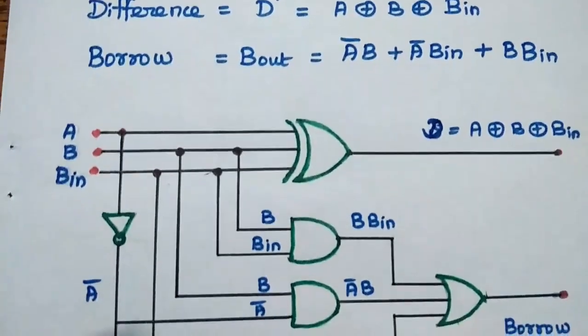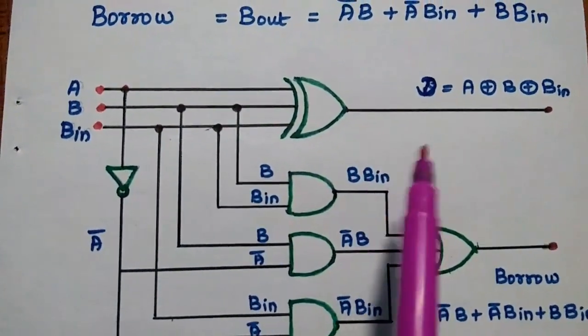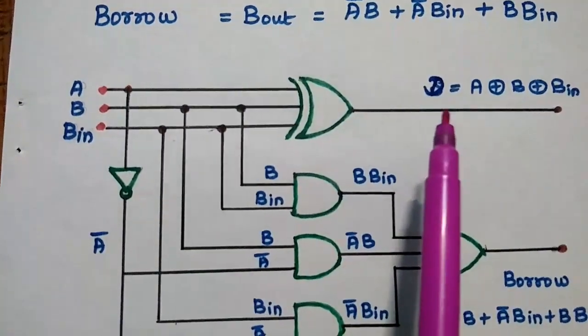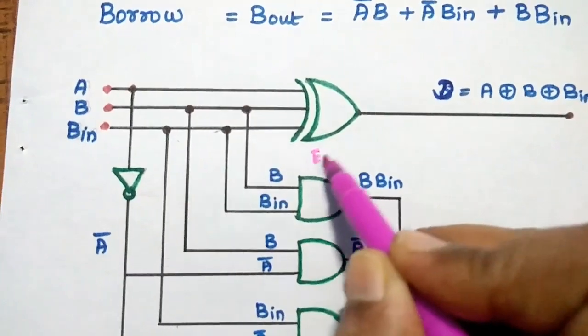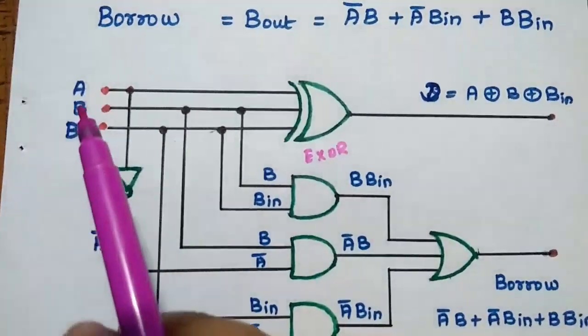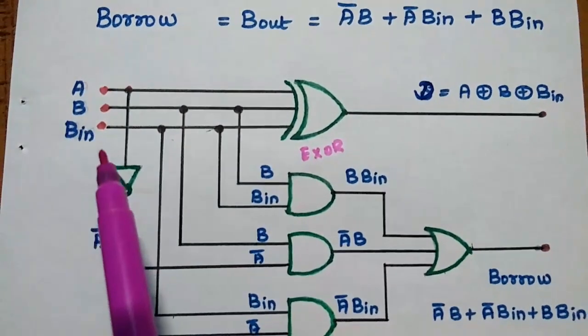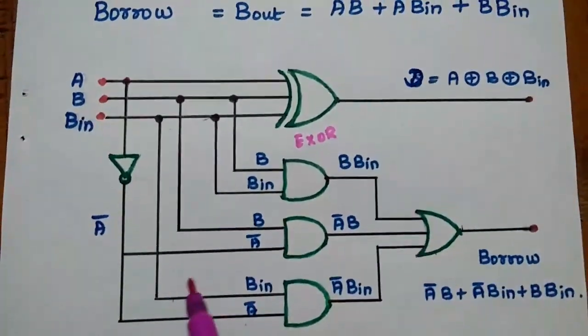This is the logic diagram for the full subtractor. To get the difference, we need to use one XOR gate with 3 inputs: A, B, B in. We can obtain the difference of the full subtractor.